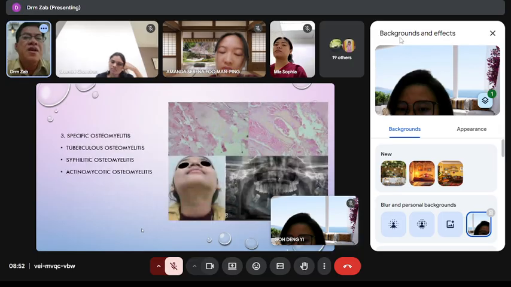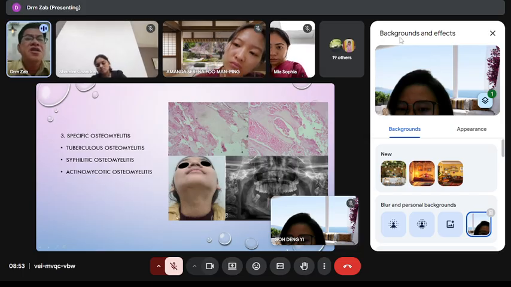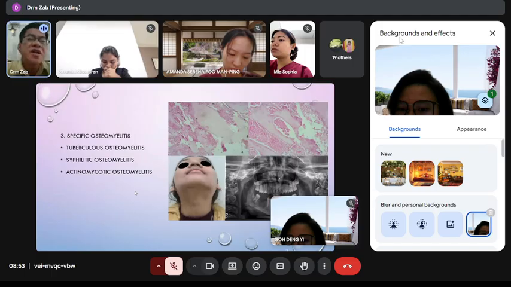The third type, this is quite uncommon, is what we call specific or granulomatous osteomyelitis. There are three types. You may have tuberculous osteomyelitis, which is caused by Mycobacterium tuberculosis. You may have syphilitic osteomyelitis and actinomycotic osteomyelitis. Right.